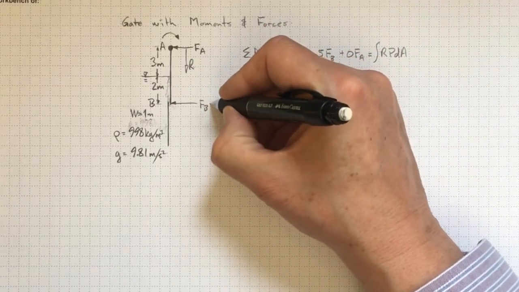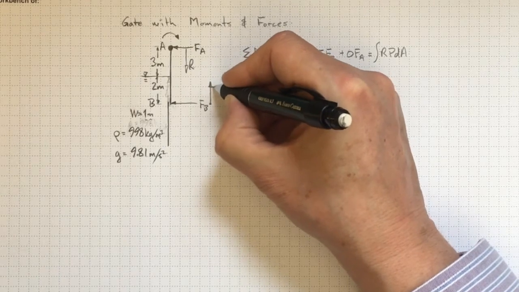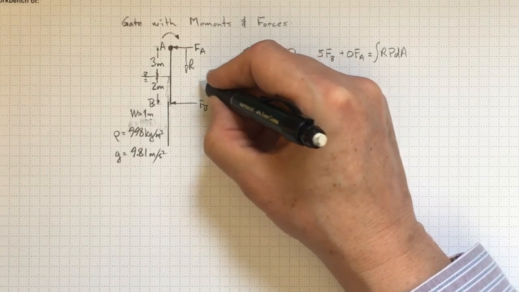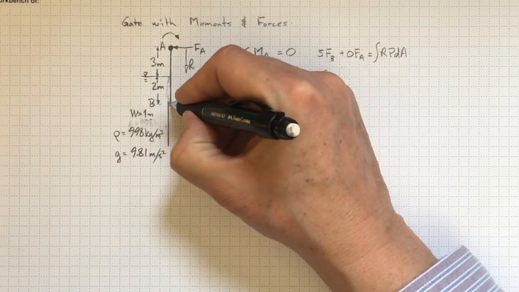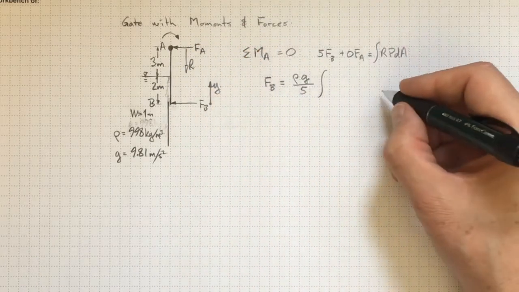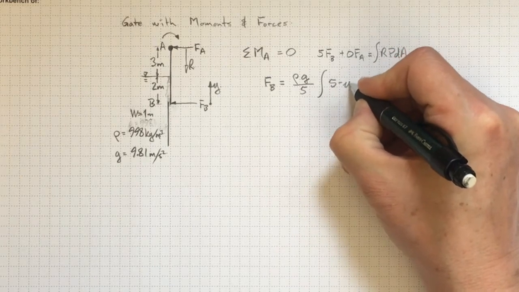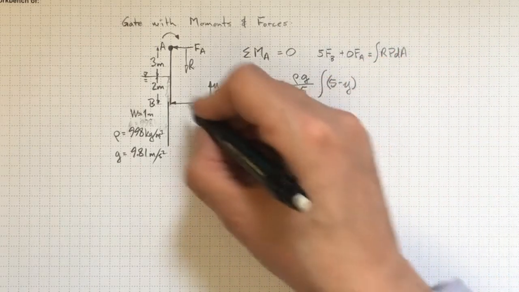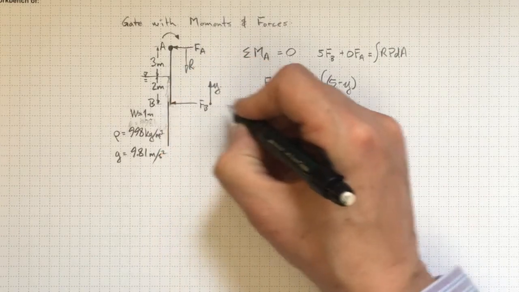Well, where's our y dimension? Let's put it down here. So if that's y, then the radius will be 5 minus our motion in the y direction. So that's r. Our pressure will be rho g times the depth under the water.